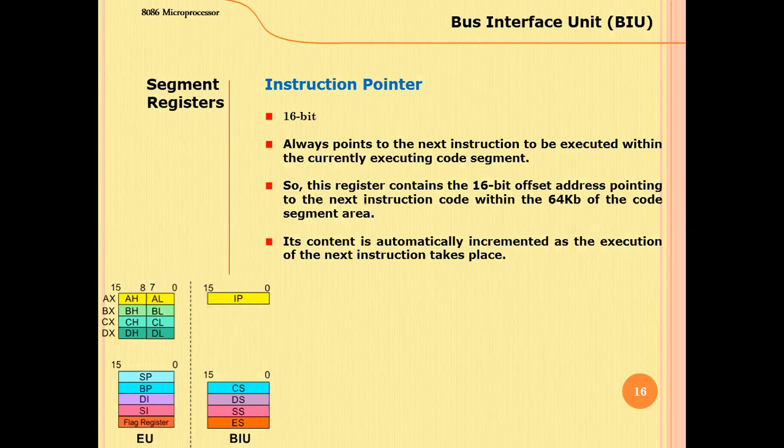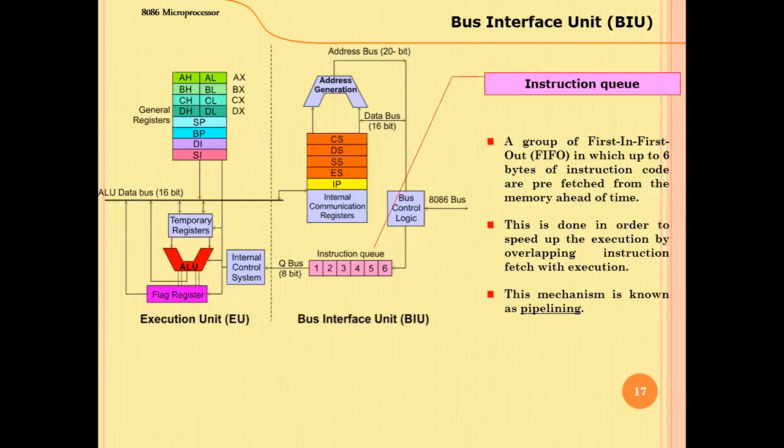After this execution, you need to move to the next instruction. It may be just below the current instruction or far away from it, and that is decided by the PC. So PC or IP contains the next instruction to be executed. Therefore, this instruction pointer has the address of the next instruction.